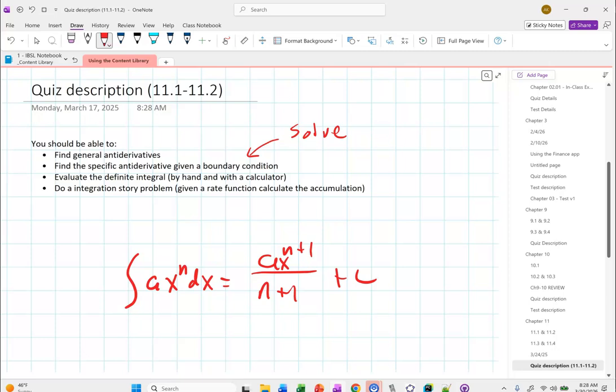So given a rate function, calculate the accumulation. Right, we talked about that last time, how we can think about integration as an accumulation of a rate. If you go for a certain velocity for some amount of time, what you've accumulated is a distance, like a change in position.